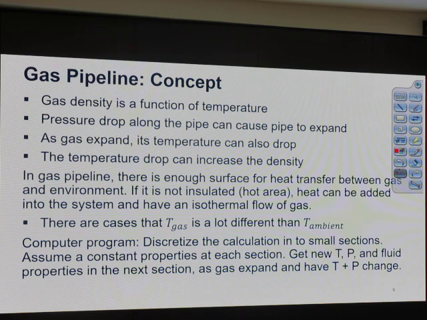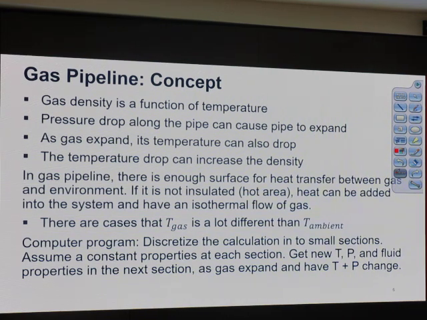Gas pipeline. In the gas pipeline calculation, fluid viscosity changes with temperature, and temperature can change. Density obviously changes, right? When we have pressure drop, the density of gas is a direct function of pressure. So when we have pressure drop, gas expands. When gas expands, it has less density, so Reynolds number changes, friction factor changes, frictional pressure loss changes.